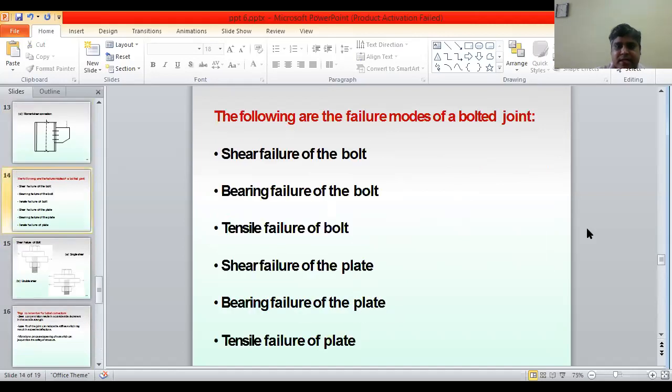Basically, we have discussed different types of failure: shear failure due to shear, bearing failure due to bearing, and tensile failure due to extra tensile force. The same applies in plate and bolt both. Three failures will be considered, but in most numerical cases, shear failure and bearing failure of the bolt will be considered.